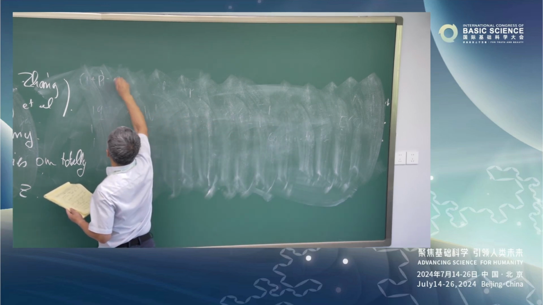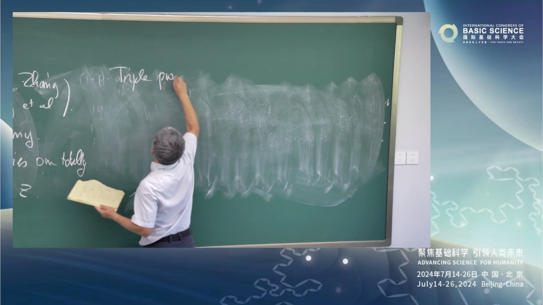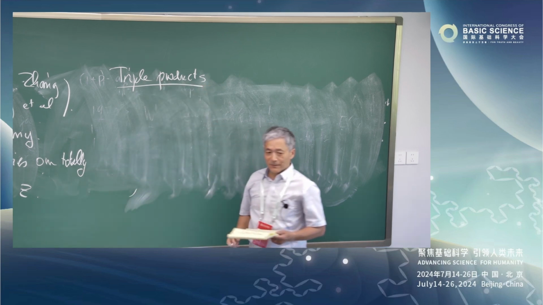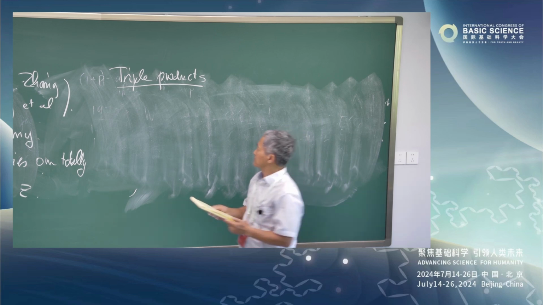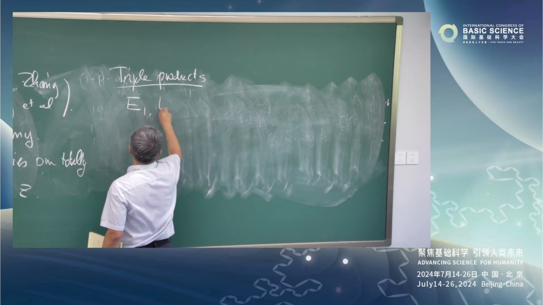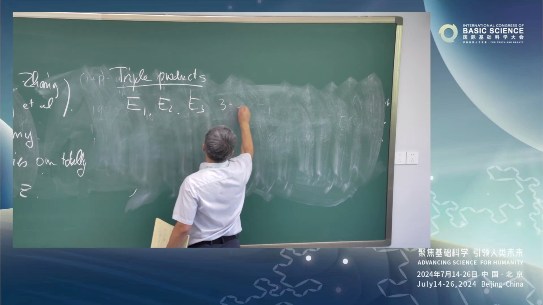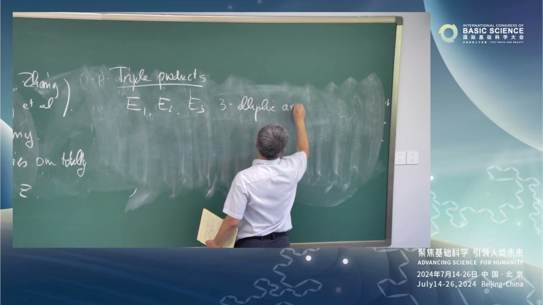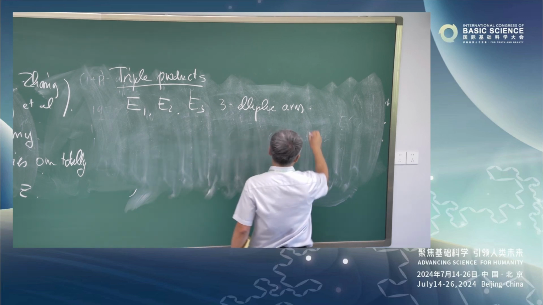Now it's a new thing on the triple product: the triple product for abelian varieties and the triple product for L-functions. So we can start with 3 elliptic curves over Q.